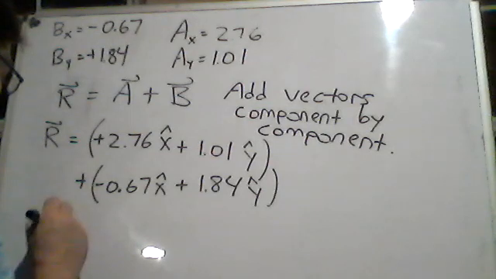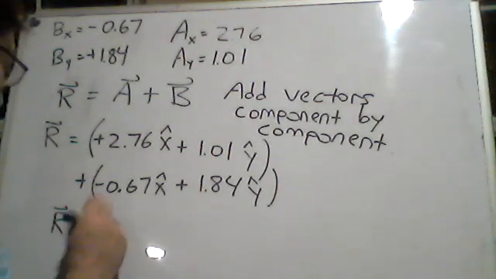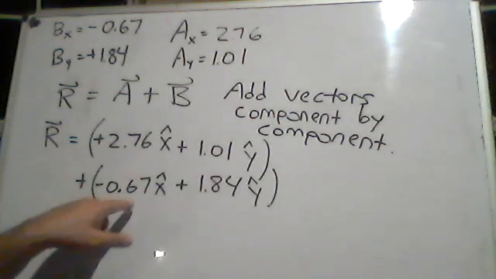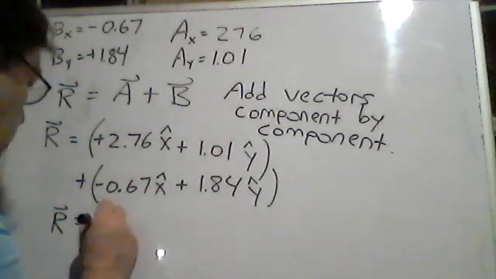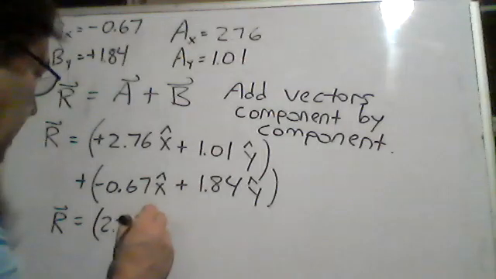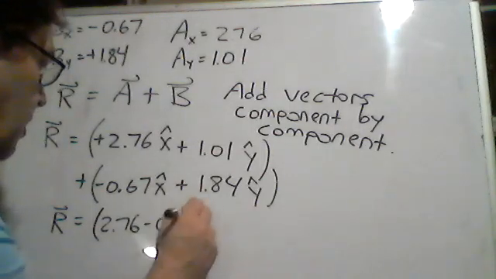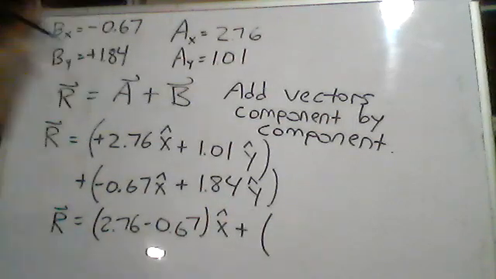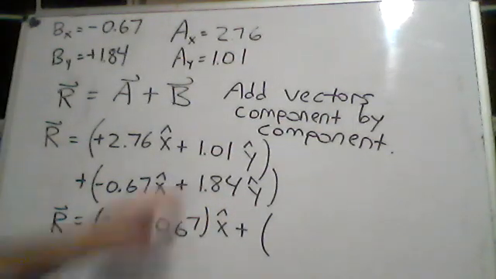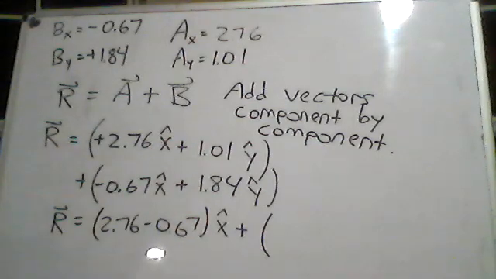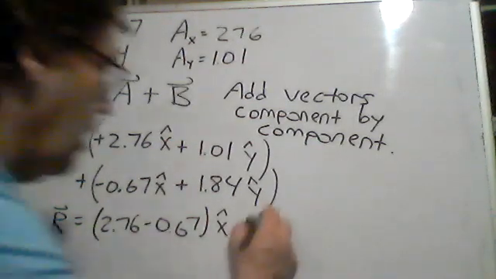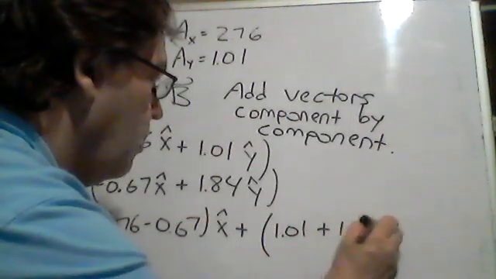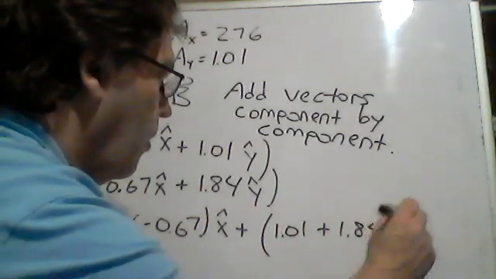So R is going to be, I get my x hats together. I have positive 2.76 minus 0.67, x hat, plus, okay, y hats. I have 1.01 from A and 1.84 from B. 1.01 plus 1.84, all multiplied by y hat.